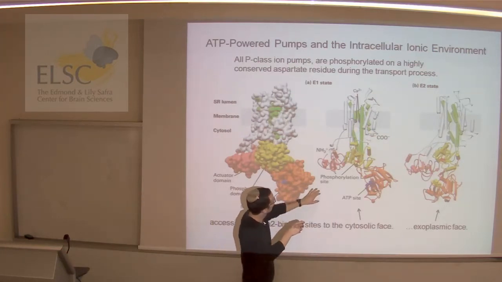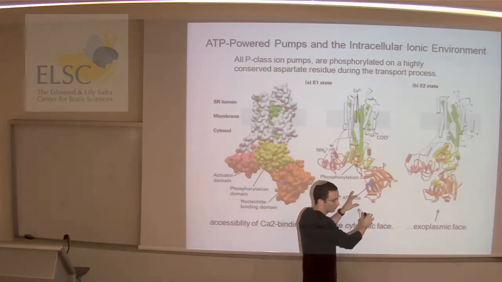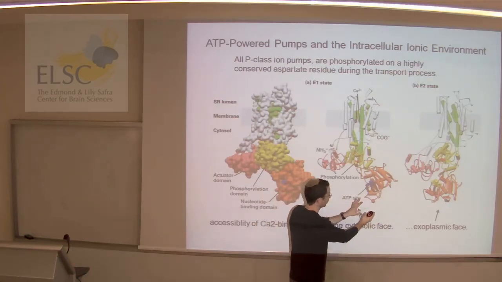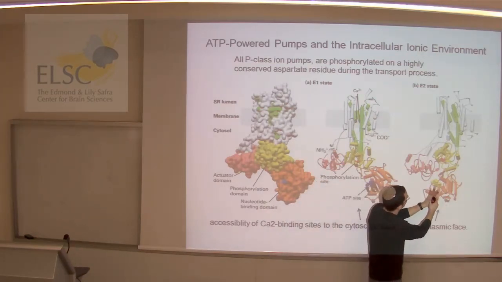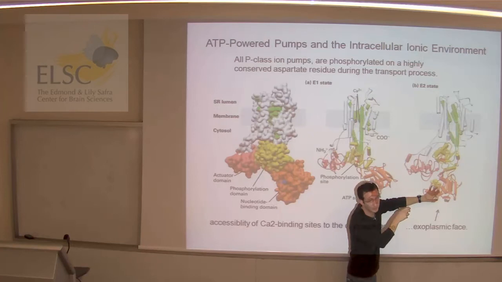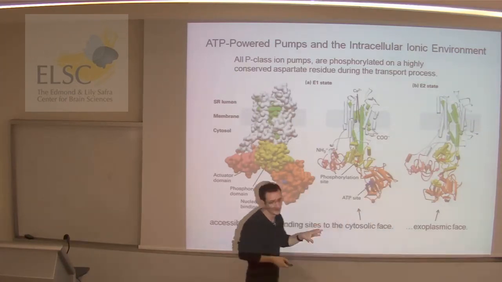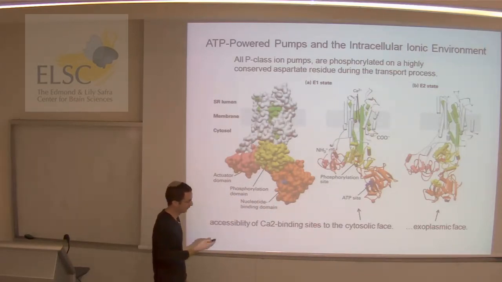This is the E1 state, where the calcium binding site faces towards the cytosol, and upon hydrolysis and the conformational change in this protein, there's a major dislocation of the ATP binding domain, the orange one here, which drives with it a conformational change up here in the transmembrane domain, which then causes the binding site of calcium to face towards the lumen of the SR. So that's very briefly how things look on the structural level.